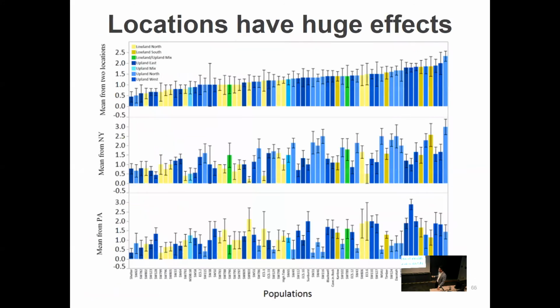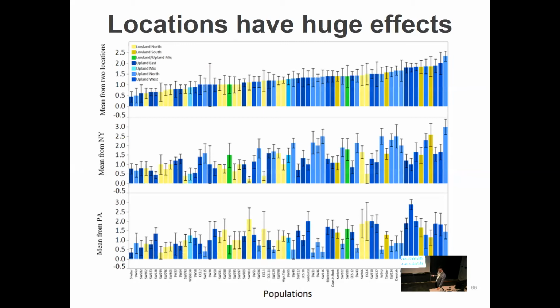The results show like this: I represent these results for the 66 populations. Each bar represents a population, and it's coded by the different ecotypes, Upland and Lowland. The bars are ordered based on the mean from 2 locations.